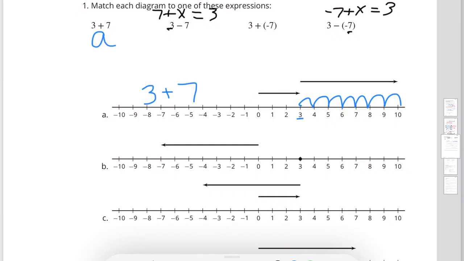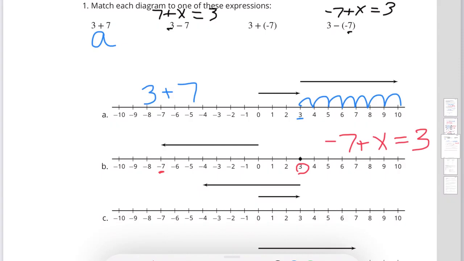So diagram B. So this one is unfinished because there's only one arrow. But I know my first arrow goes from 0 to negative 7. And so I know I have to add an unknown number, and that unknown number must help my equation equal positive 3.